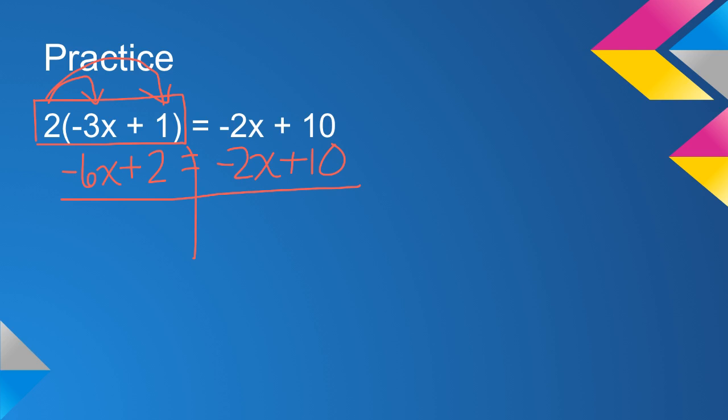So when that's the case, it really doesn't matter where you decide that you want to start. I will probably always start with my variables. And thinking ahead, I don't really like negative numbers all that much. So although it doesn't matter where I start, I'm going to add 6x to both sides, because if you watch, let's see what happens.